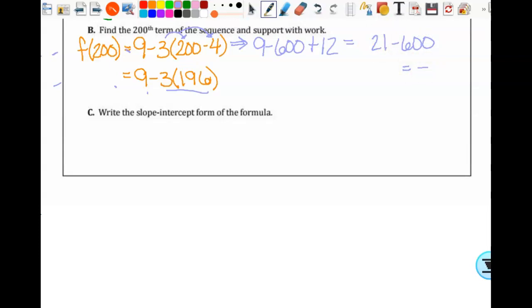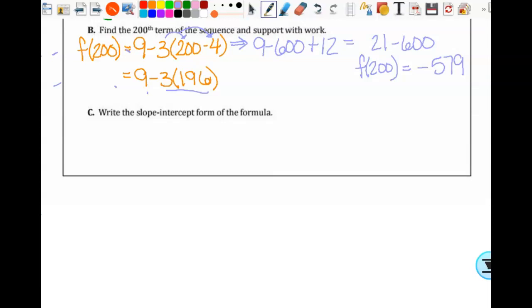So 600 minus 20 is 580. I subtract one more and I get 579. And that is f of 200. Okay, so just a little bit of number sense there. But do whatever makes the most sense for you. Just trying to help some of you that haven't really thought that there should be a way.